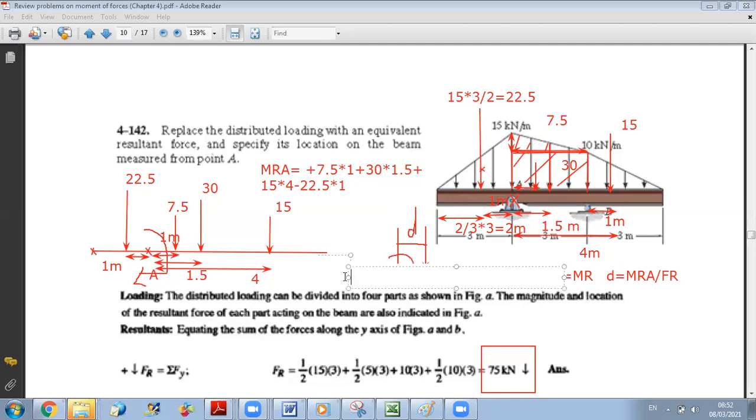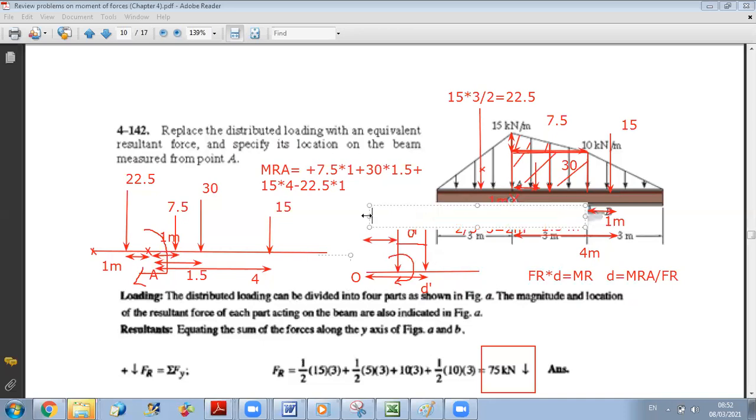So let's say you calculate the distance from O, d prime, and you know that between O and A the distance is 3 meters. So you can relate d and d prime easily. You can say that 3 plus d is equal to d prime. So once you find d prime, you can say that d is equal to d prime minus 3.